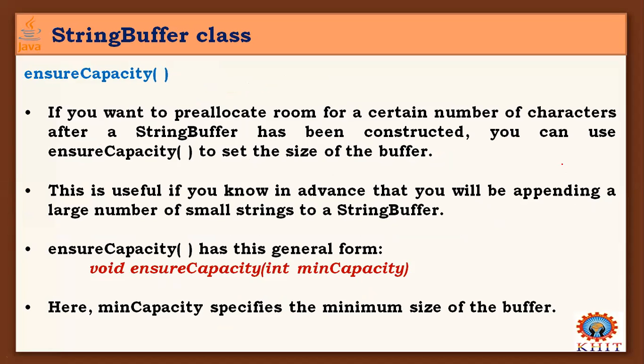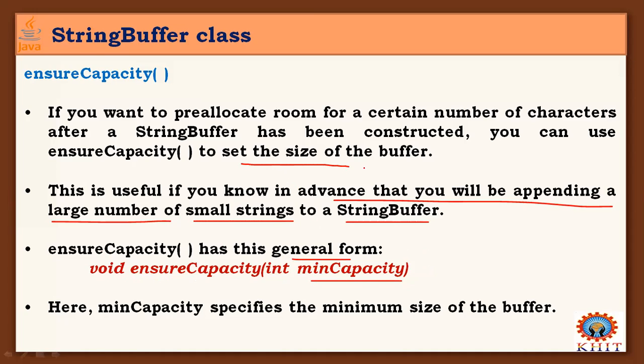This is useful if you know in advance that you will be appending a large number of small strings to a StringBuffer object. It has the general form void ensureCapacity, and it takes some integer value and sets the minimum size of the buffer that is pre-allocated for this object.